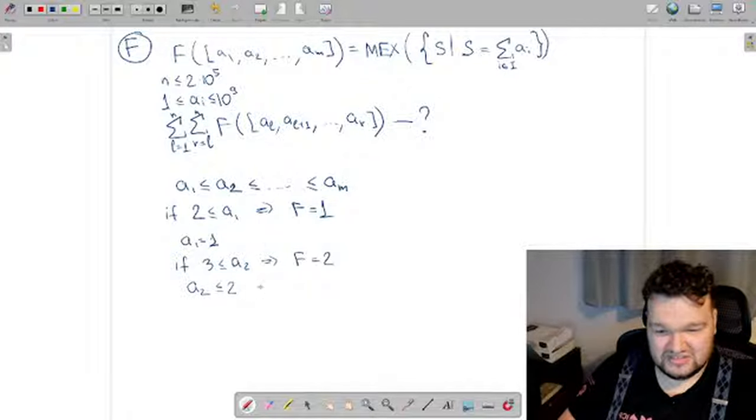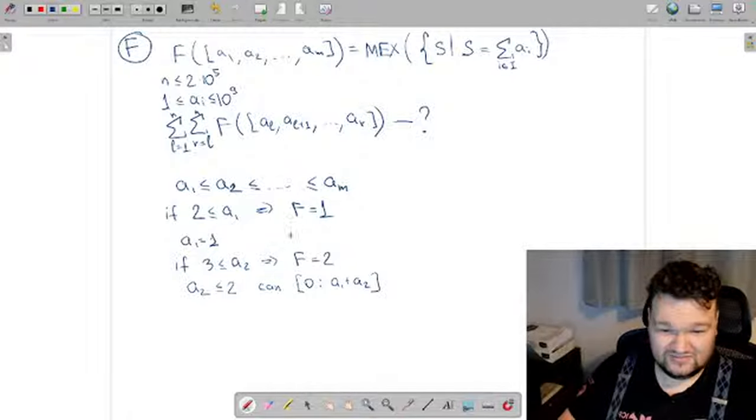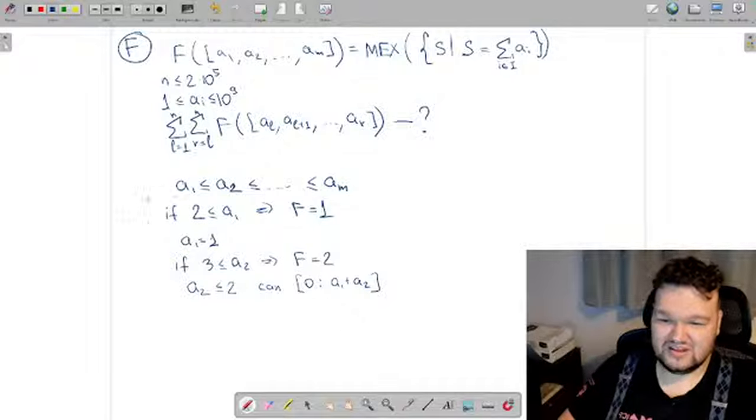So we can represent everything from 0 to a1 plus a2. And we can notice similarities here. At every step, we can represent everything up to some big X. Initially, it is 0.